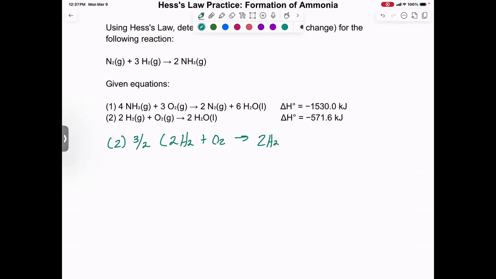If we apply 3 halves across the board, I'll have 3 H2s, and I'll have 3 waters. And when we take that second delta H, we'll multiply it by 3 halves as well.